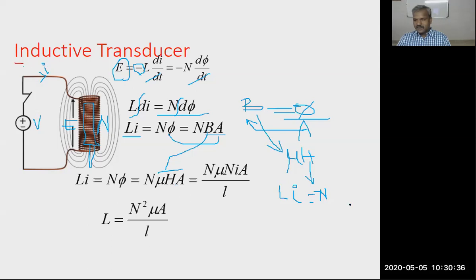Instead of H, we can substitute Ni. So Ni equal to H L. Sorry, this was not right.